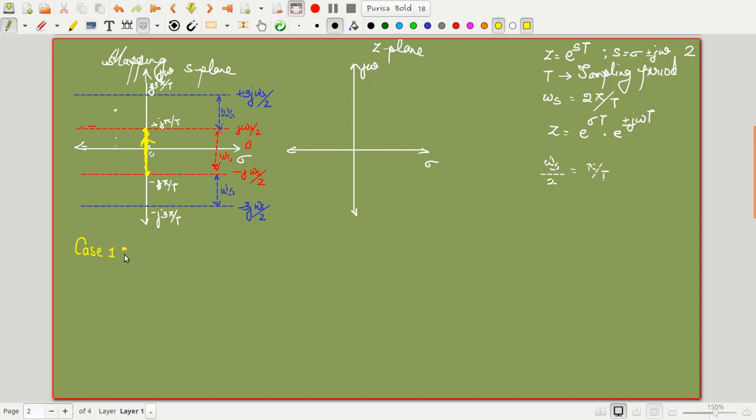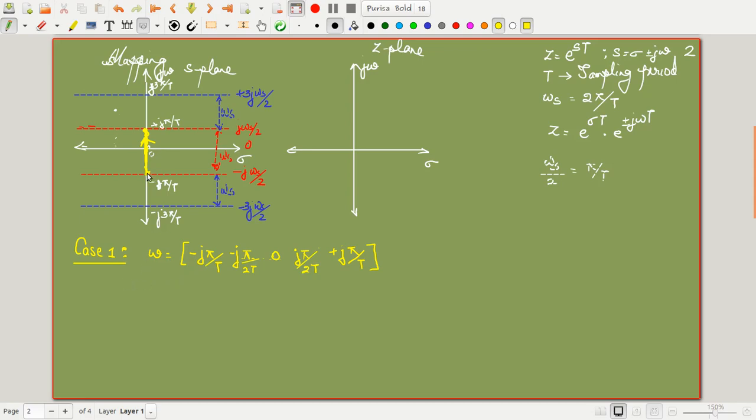Omega varies from minus j pi by T, with a 0 in between, to plus j pi by T. In order to get one or two more points, I am going to take one more value of omega in between 0 and minus j pi by T, and between 0 and plus j pi by T. So this would be minus j pi by 2T, and here it would be plus j pi by 2T.